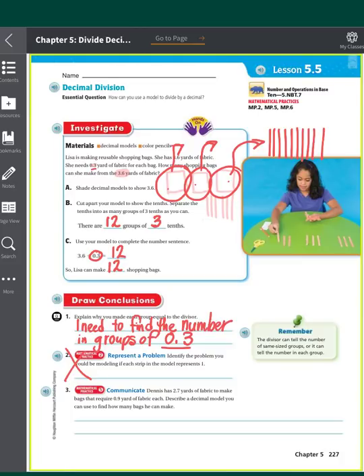So if we have 2.7, that is going to equal 27/10. So we would turn 2.7 into 27/10. Then we would put them in groups of 9/10.